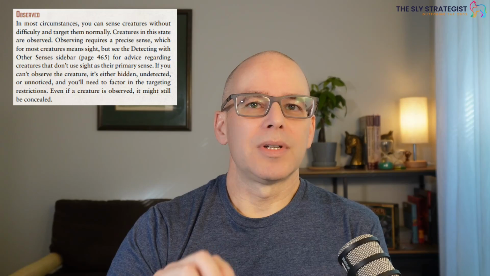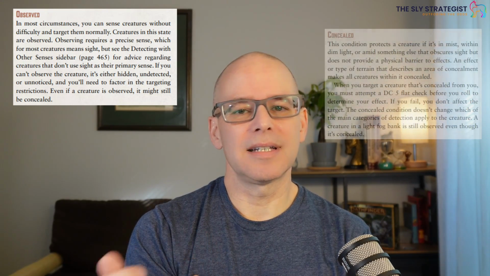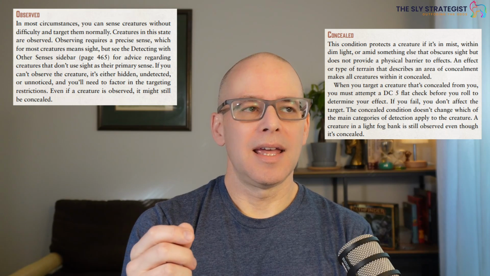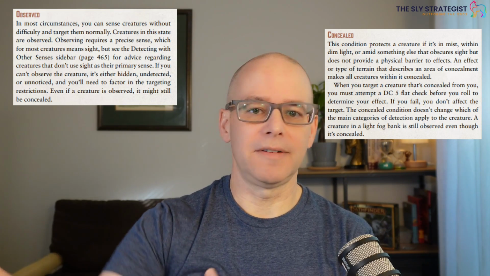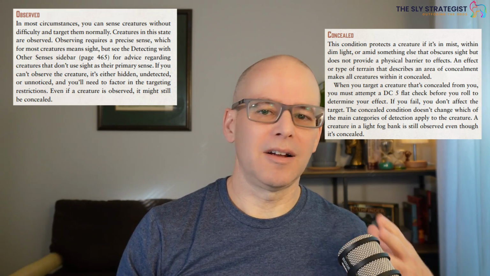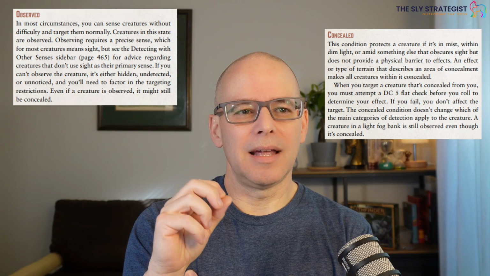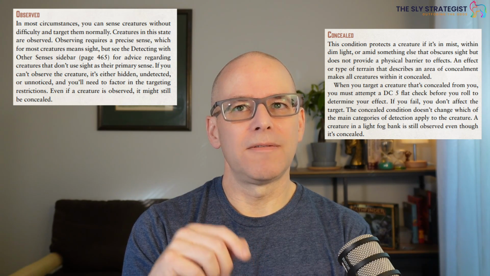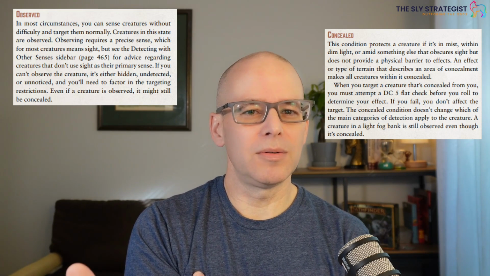But one thing I will say is an observed creature can still be considered concealed in certain situations. If a creature is behind a small curtain, or if it's foggy, a fog bank, or misty, or anything along those lines, it can be concealed, but understand that there is no physical impediment to the attack.